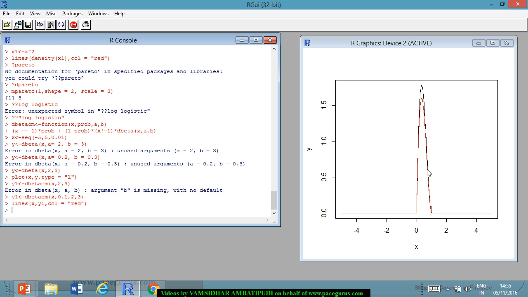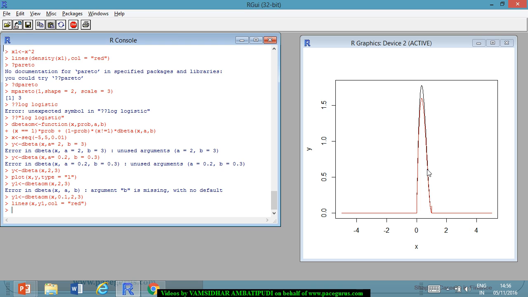So these are some of the kinds of instances that we really need to look at when we are plotting the distributions, especially the mixed distributions. We can very well get not just the density function, we can also get the distribution functions created. We can get the pbeta modified function, which also goes the same way.